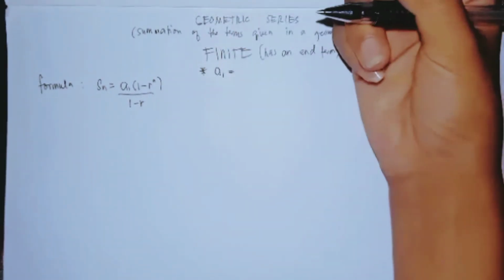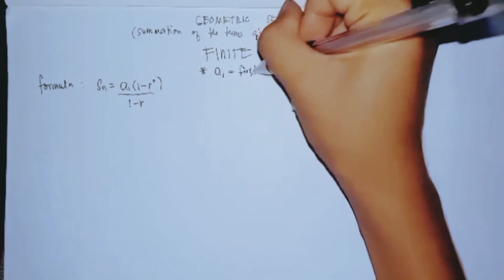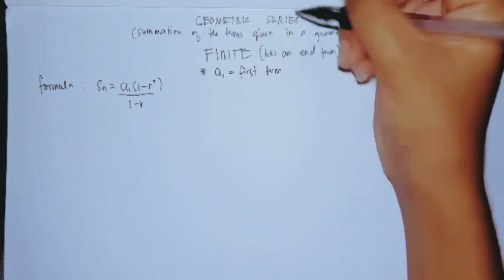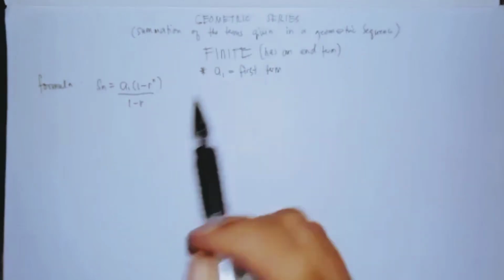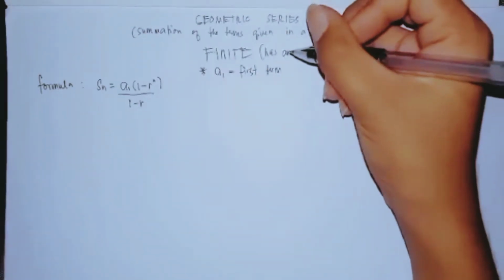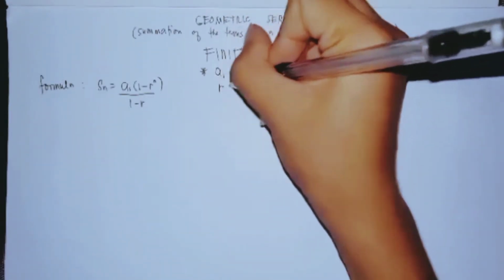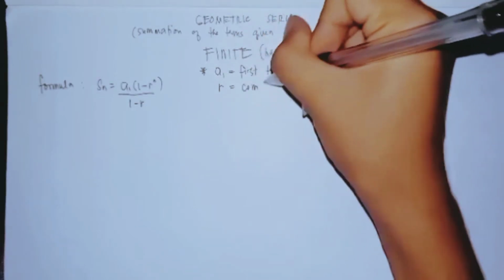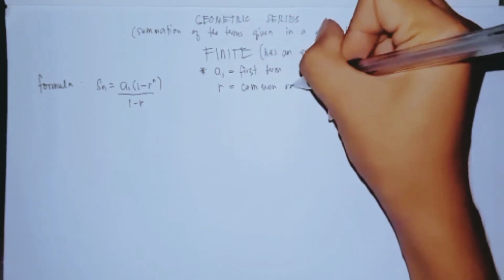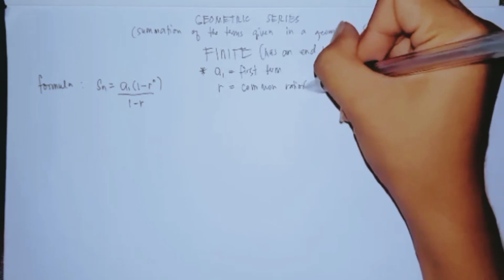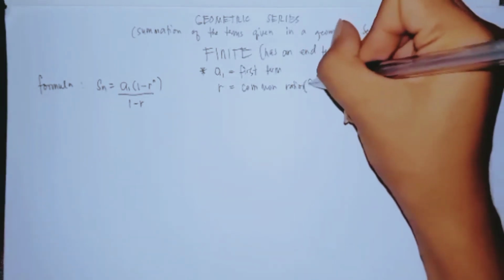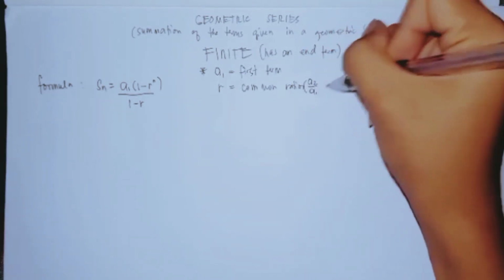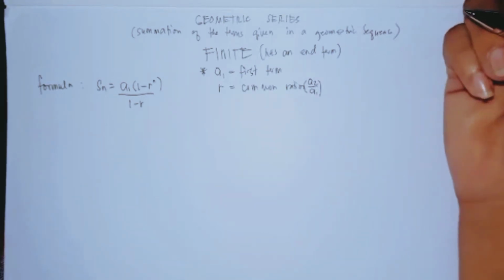So, let's find out. A1 is the first term, or siya yung laging nasa unahang term, leading term. Next, our r is the common ratio. And ang formula for common ratio is A2 divided by A1.